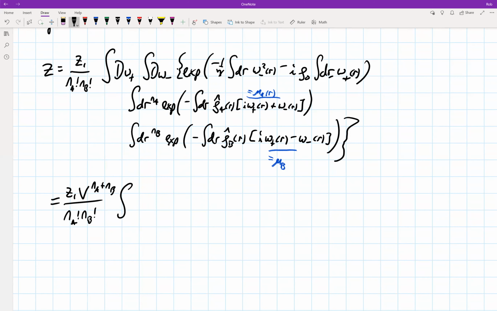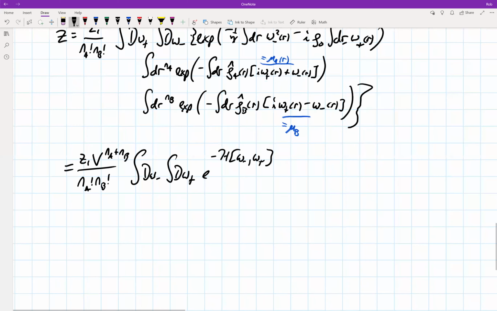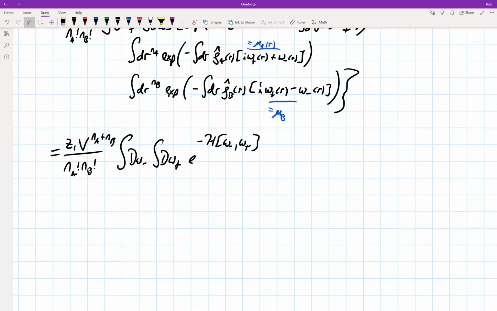And now we'll have the integral dw minus, integral dw plus, exponential minus h of w minus, w plus. And so now we have everything governed by our effective Hamiltonian.